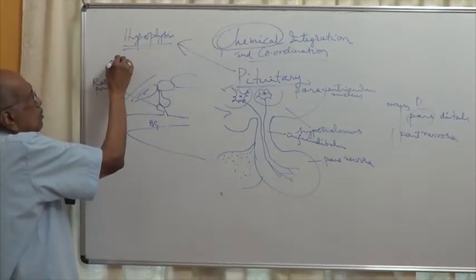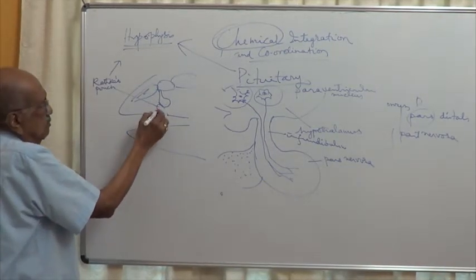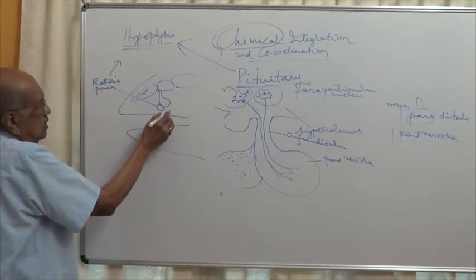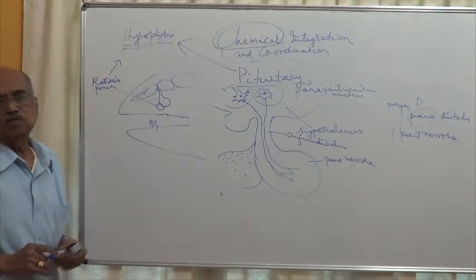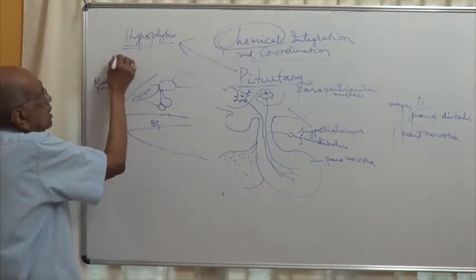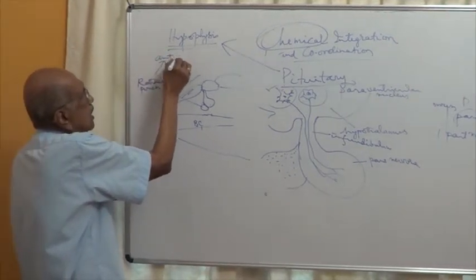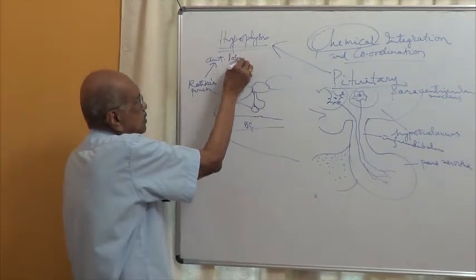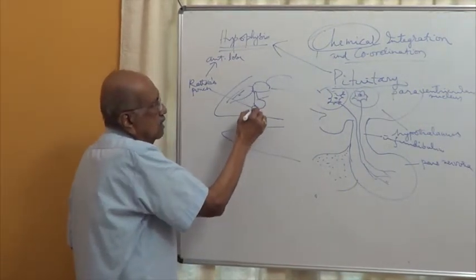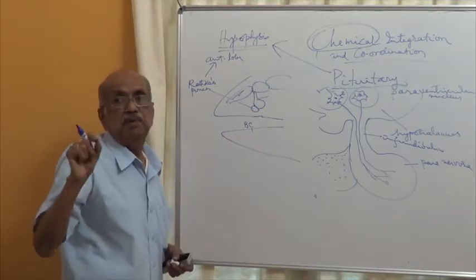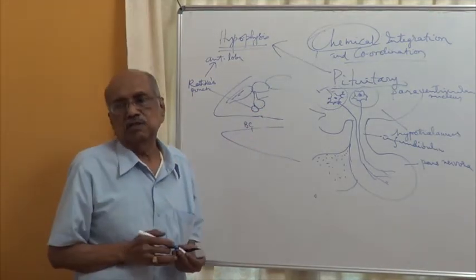Rathke's pouch is the one which dissociates itself after some time, continues its attachment to the posterior lobe of the pituitary and develops into the anterior lobe of the pituitary. So, this is nervous in origin, this is non-nervous, epithelial in origin.